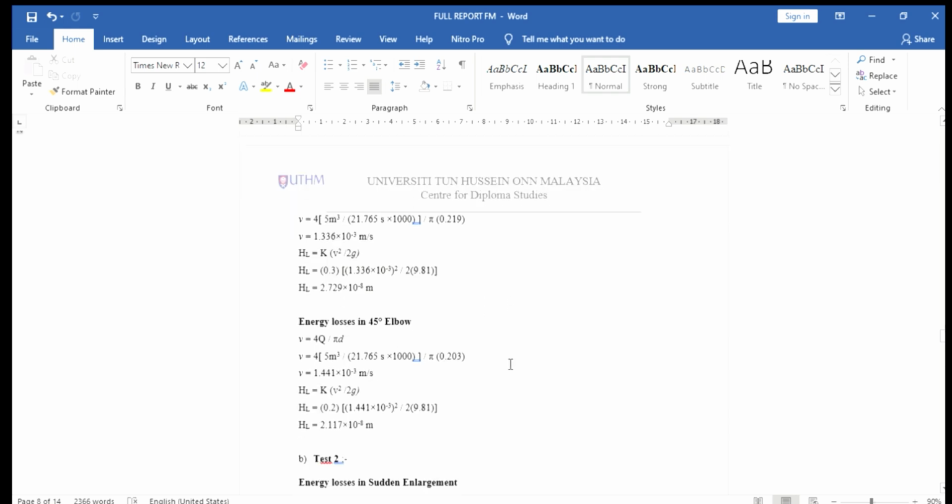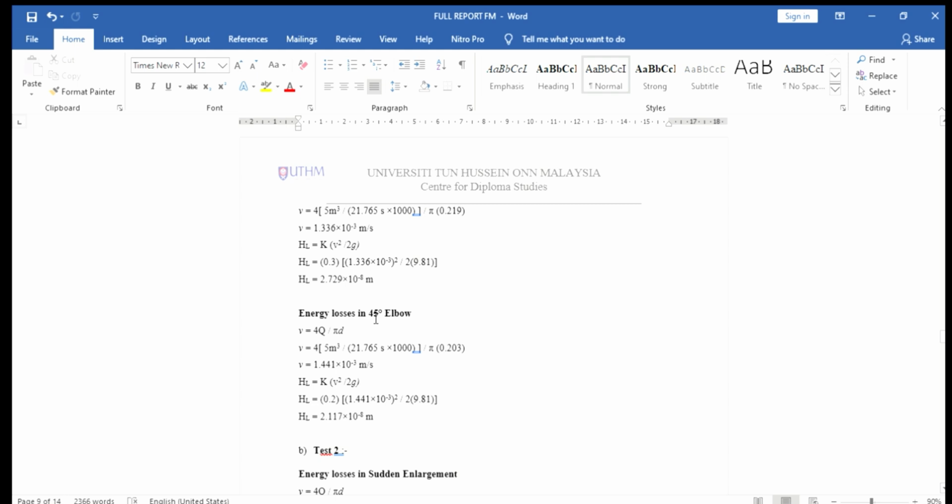So for the losses in the 45-degree elbow for test 1, same, we find the velocity. Then after we got the velocity, we put the value in the head loss formula, K times V squared per 2G. So the K is the loss coefficient.